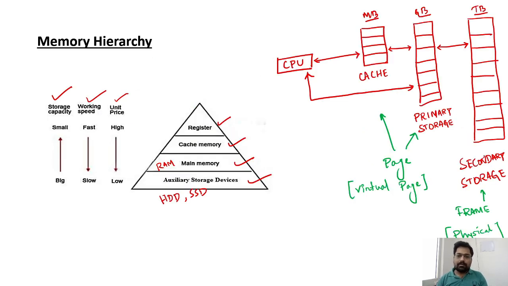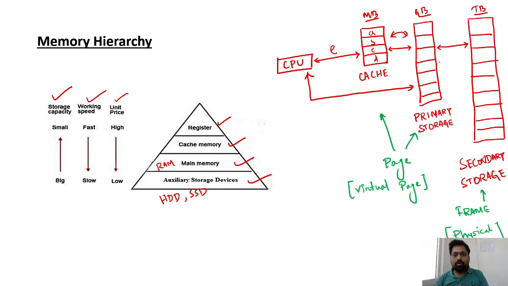That I told you here in this figure. Suppose we have A, B, C, D. These are four data we have. Suppose the CPU is asking for E. So we need to replace any data out of it so that the CPU will get it immediately. How will we contact? There will be a replacement technique between RAM and cache. Only RAM and cache we will discuss here.